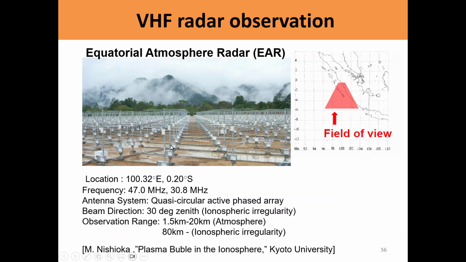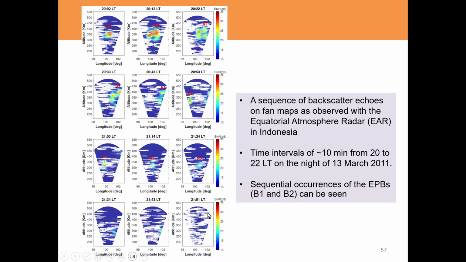This type of system can be optimized to go to higher altitude to look at the E layer or F layer separately. This is from Nishioka. So this is some of the pictures from the EAR in Indonesia. So they look at bubbles at different times. You can see the red areas, and see how they travel from maybe west to east.